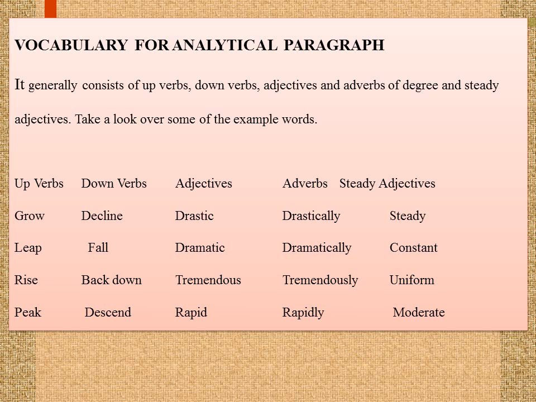Now, as I said in the previous slide, grow, leap, rise, peak. Again, downwards: decline, fall, back down, descend. Adjectives: drastic, dramatic, tremendous, rapid, shot up, rising. So likewise, we can have many other words, and apart from the given vocabulary, we can add many more to it.